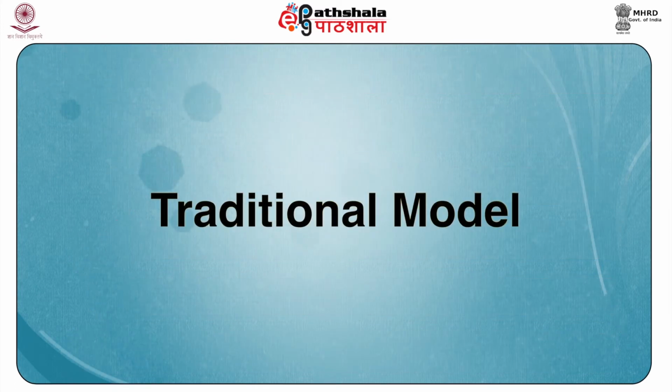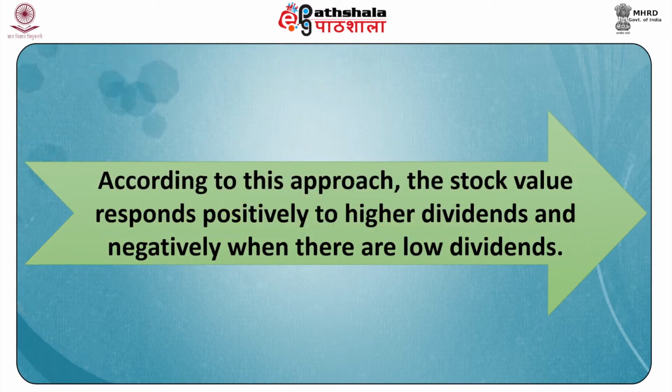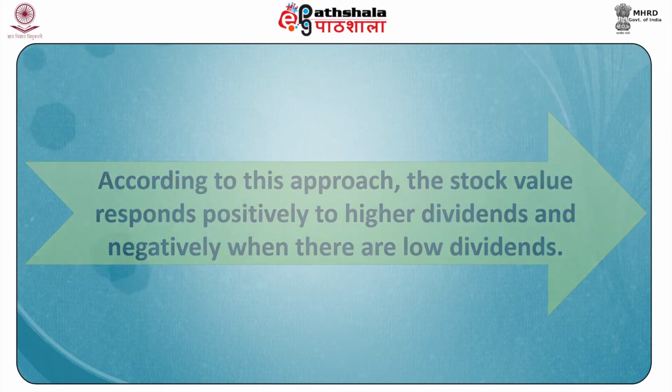First, traditional model. The traditional approach to the dividend policy was given by Graham and D.L. Dodd. This model lays a clear emphasis on the relationship between the dividends and the stock market. According to this approach, the stock value responds positively to higher dividends and negatively when there are low dividends. Thus, as per this model, dividend policy is relevant in maximizing shareholders' wealth.